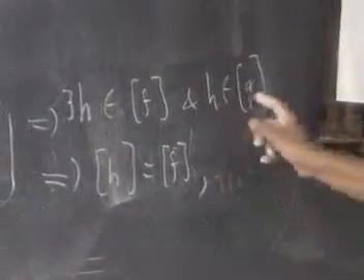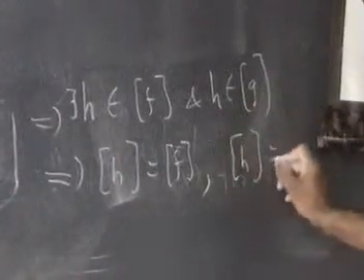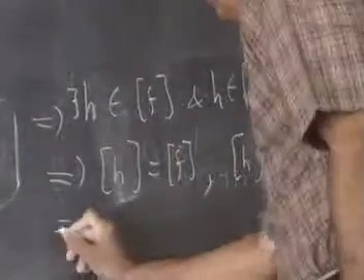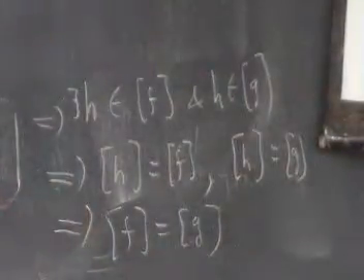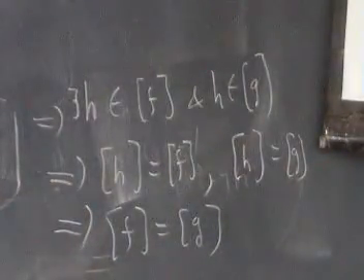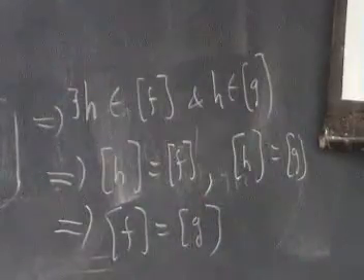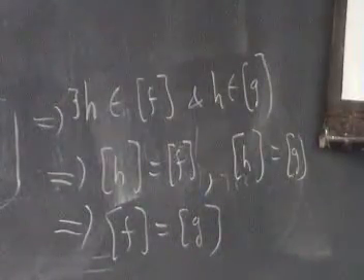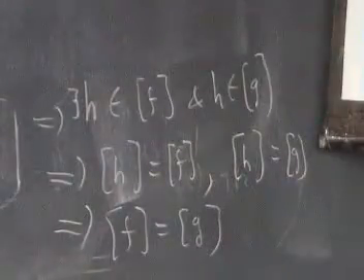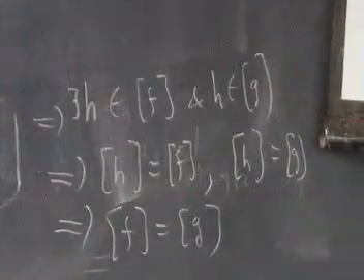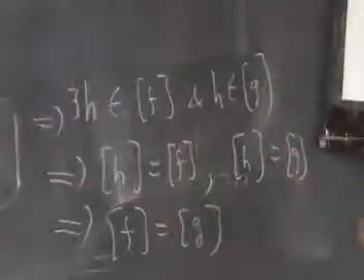Similarly, since he belongs to G's class, the class of F is the class of G. So what this says is, if you peep into two boxes, they are totally identical or completely different. They are totally disjoint or everything is common. So any two equivalence classes are disjoint or completely identical.